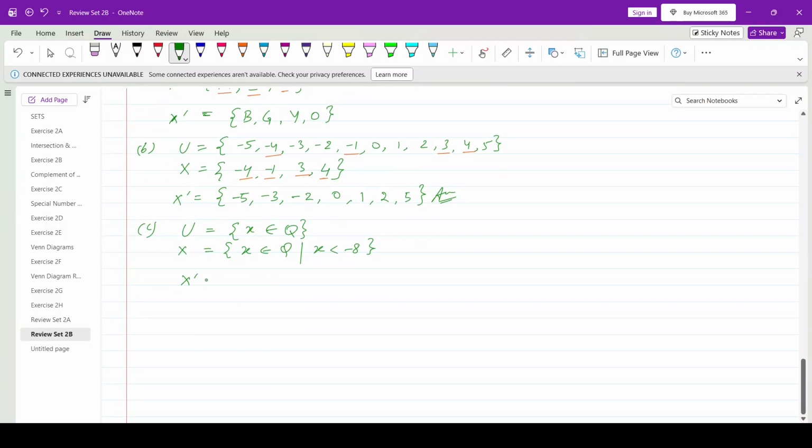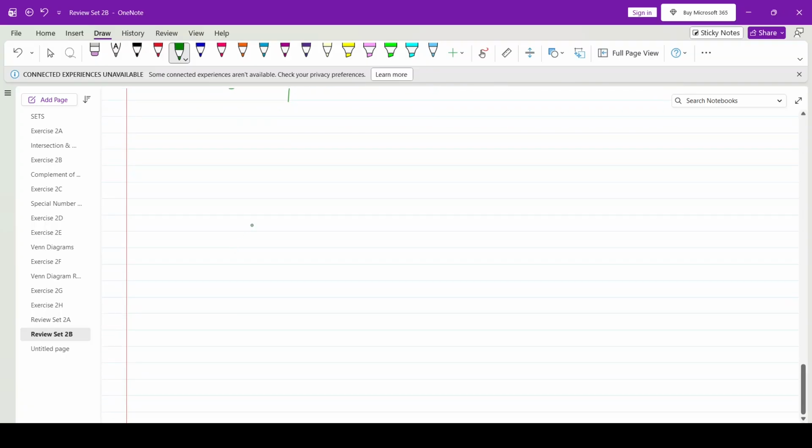Therefore, X complement is going to be a set of rational numbers greater than or equal to -8. Therefore, we can write it: X complement is a set of all rational numbers that are greater than or equal to -8. This is our answer. Let's go to the next question.